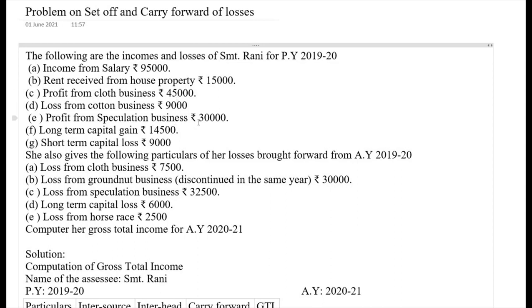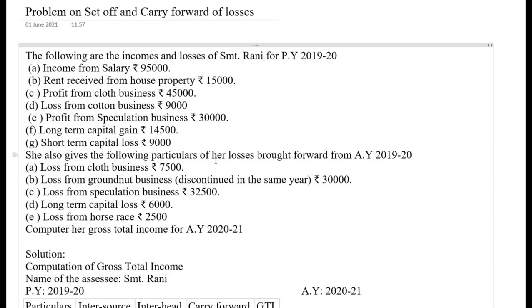Then we have a profit from speculation business 30,000, whereas we have loss from speculation business 32,500. So the remaining speculation loss of rupees 2,500 should be carried forward to the next assessment year. Then for the long-term capital gain of 14,500, we have a brought forward long-term capital loss. So 6,000 can be adjusted, remaining will be 8,500.